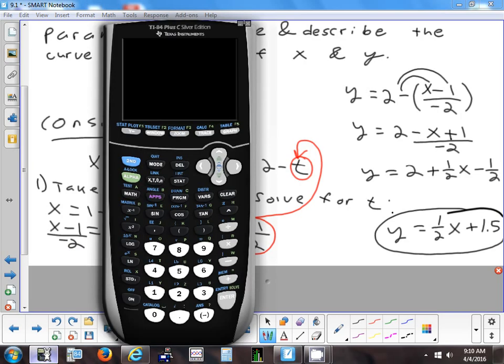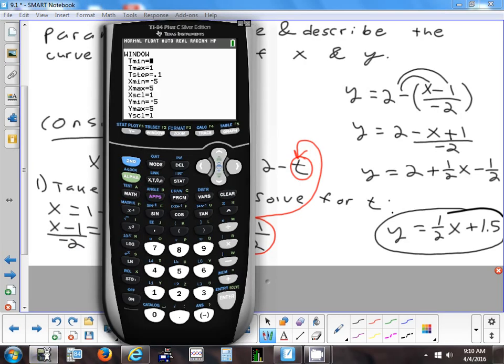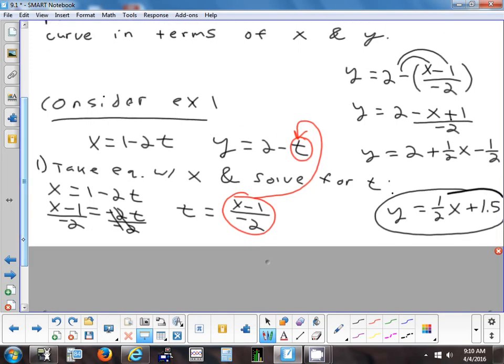Can you do y first and then use that to solve for x, or do you have to solve for x first? You mean solve for t in this equation? Yeah, solve for t in y first, then use that to solve for t in x. Yeah, that might work either way.